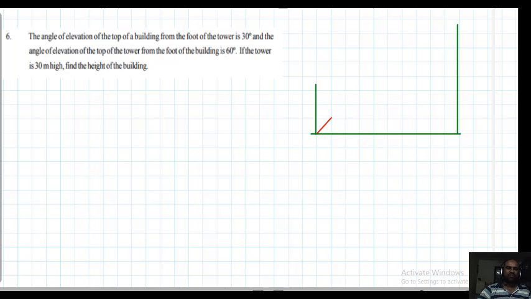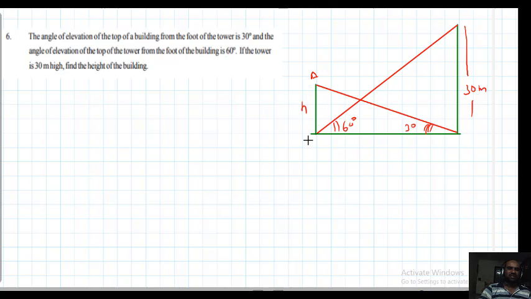From the foot of the building, the angle of elevation is 60 degrees. From the foot of the tower to the top of the building, this is different, this is 30 degrees. Next, the height of the tower is given as 30 meters. Let the building height be h. These are A, B, C, D. Simple problem.